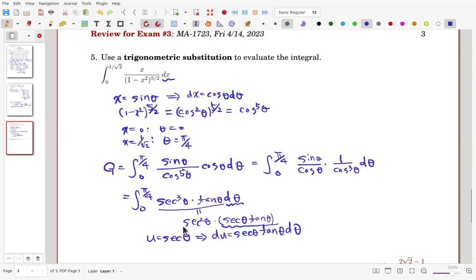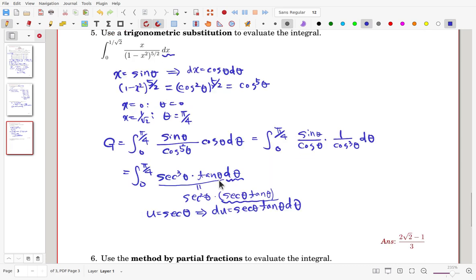Okay, now sec squared theta is u squared. So the given integral can be changed in this way. Once theta is 0, sec theta will be 1, and once theta is pi over 4, cosine theta is 1 over square root of 2.